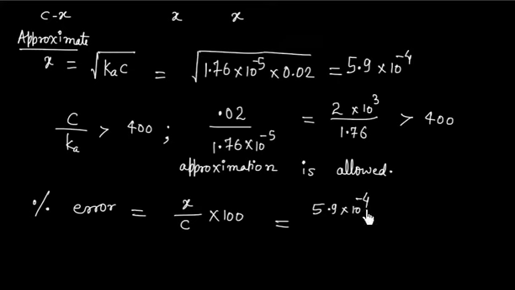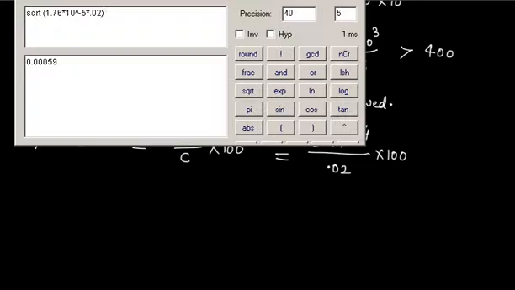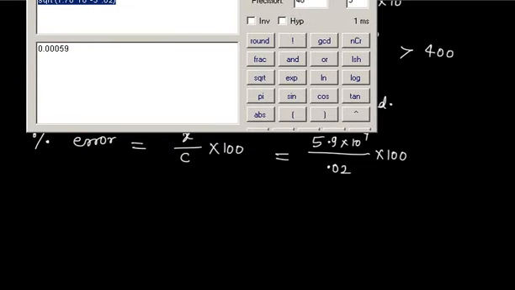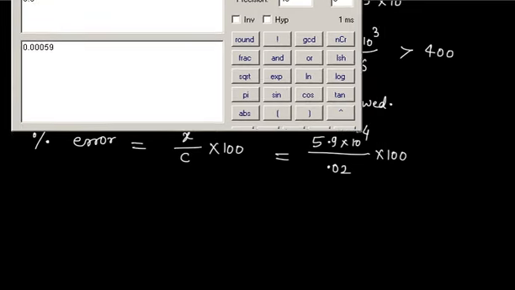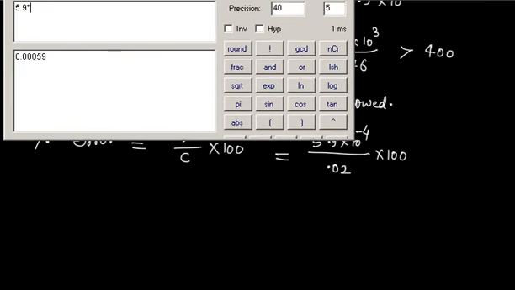And this C is 0.02 into 100. So let us calculate this value. So I will have 5.9 into 10 raised to the power minus 4 into 100, and this all divided by 0.02.